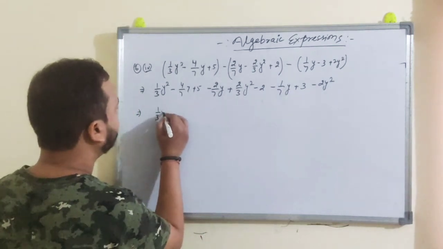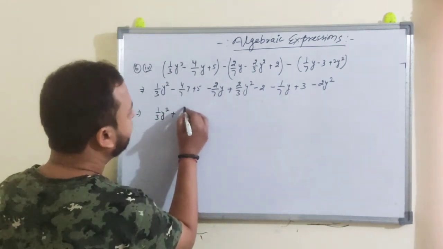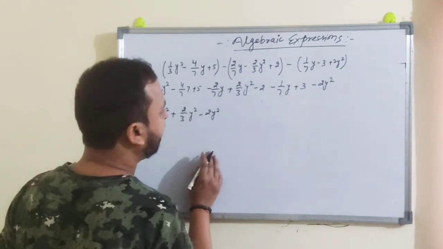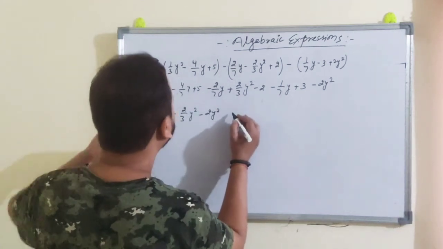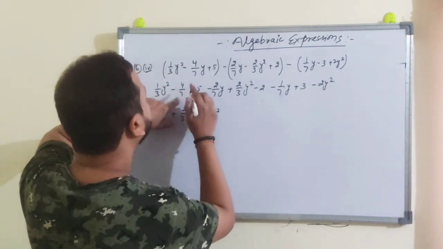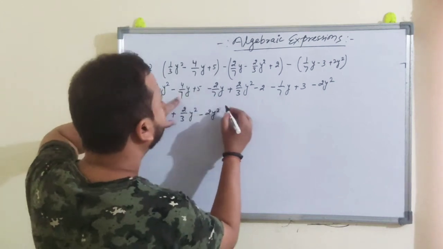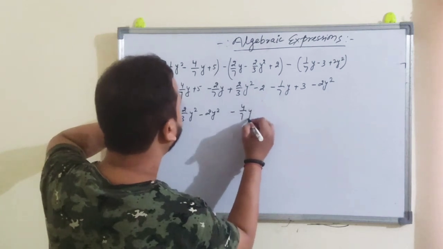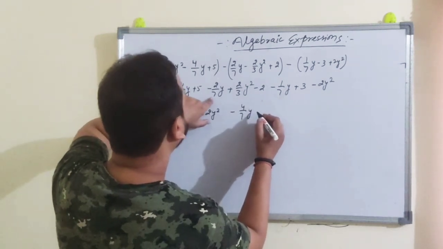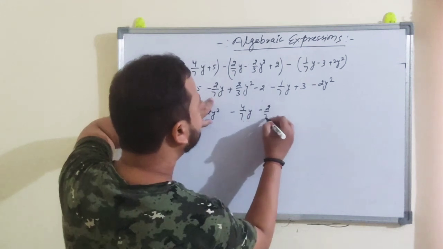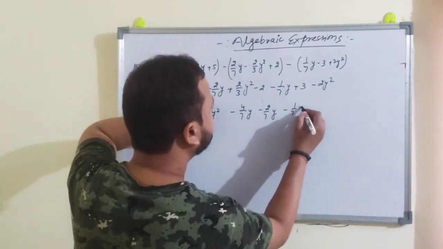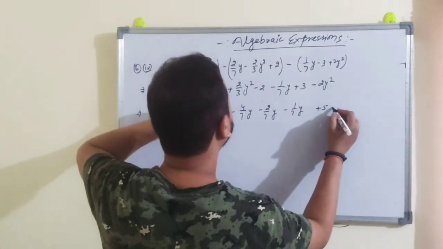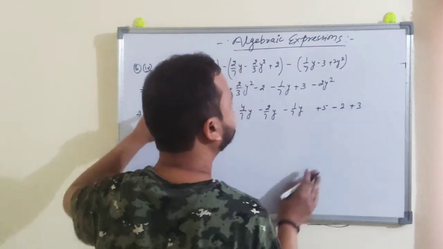So 1 by 3y square plus 2 by 3y square minus 2y square. Then the terms of y: minus 4 by 7y, then minus 2 by 7y, then minus 1 upon 7y. Then the constant terms: plus 5, minus 2, plus 3.